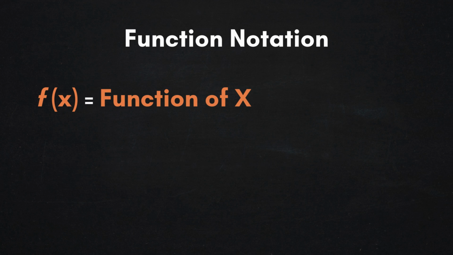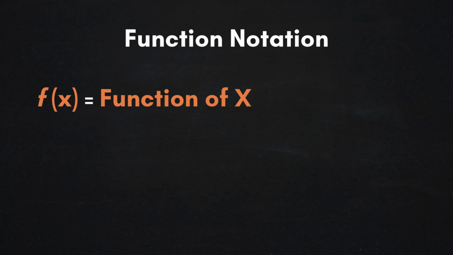Well, f of x simply stands for function of x and is a different way of expressing the output variable, previously y. This notation means that a function, named f, takes an input value, named x, and gives an output value, named y. It's still the same function, just presented using more formal mathematical language.